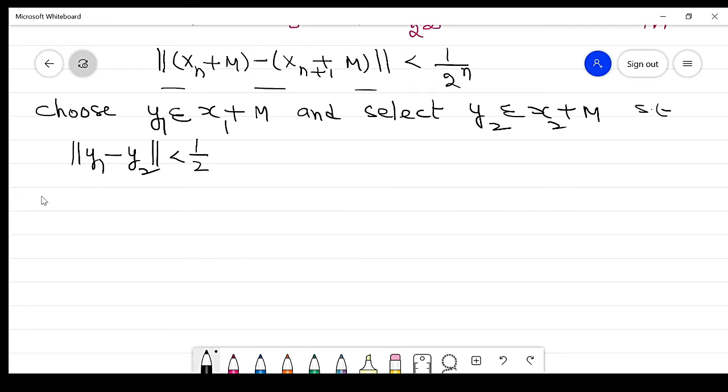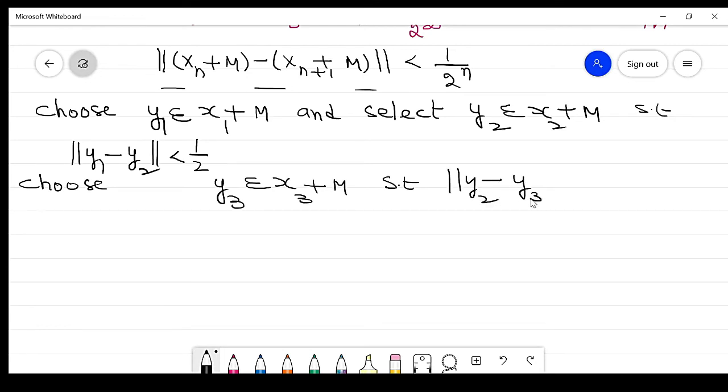Then choose y3 belonging to x3 plus M such that y2 minus y3 is less than 1 by 2 raised to power 2.